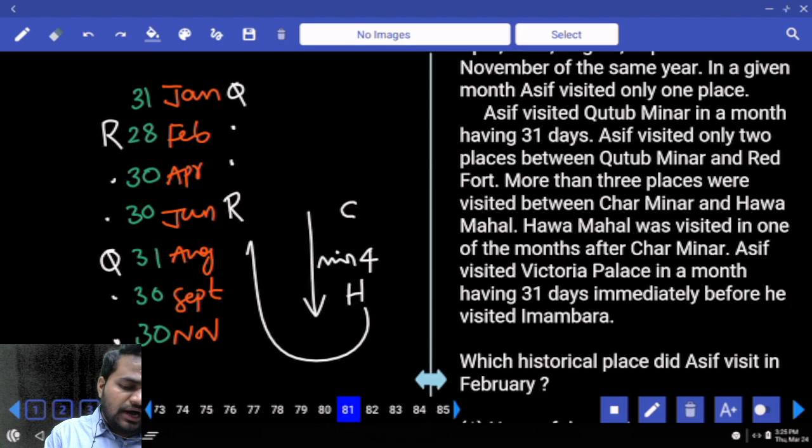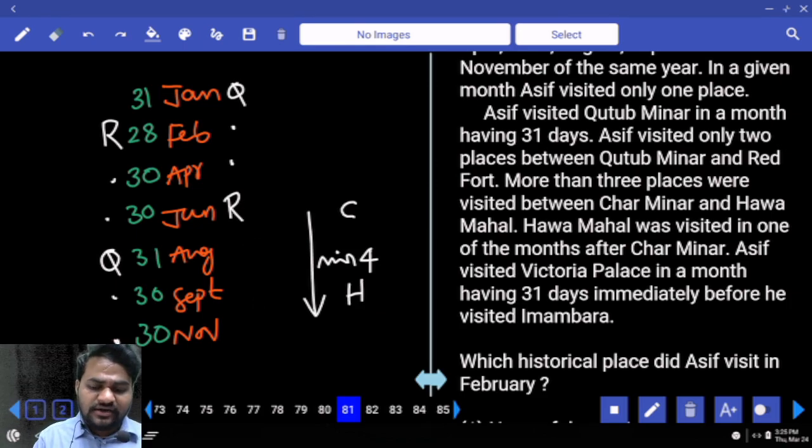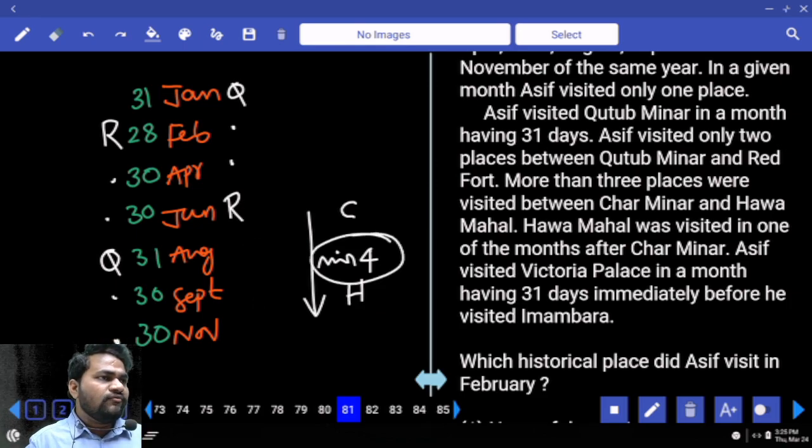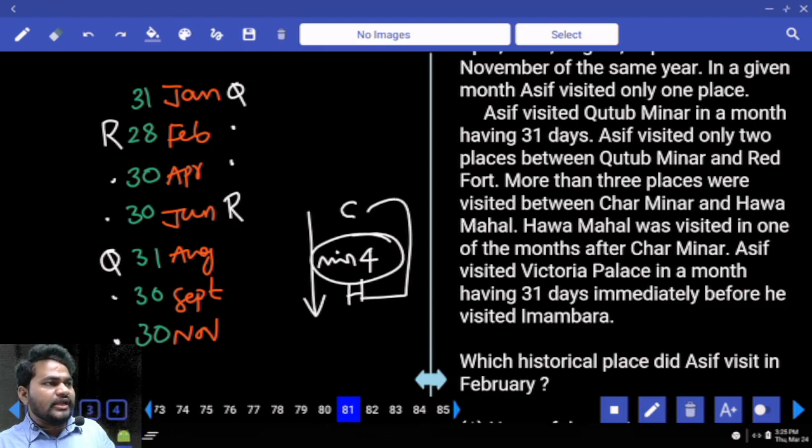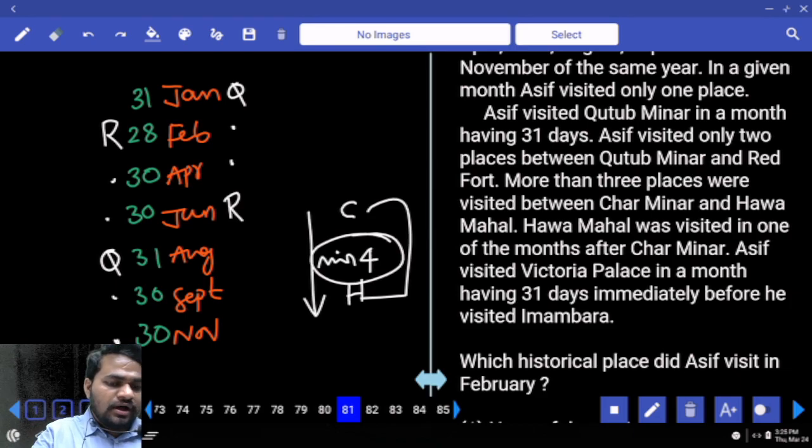Let us try to arrange this one, but try to understand. Minimum 4 are required. 4 plus these two, 6. We need to cover at least 6 places, but we have total 7 places. Already Q is confirmed here.